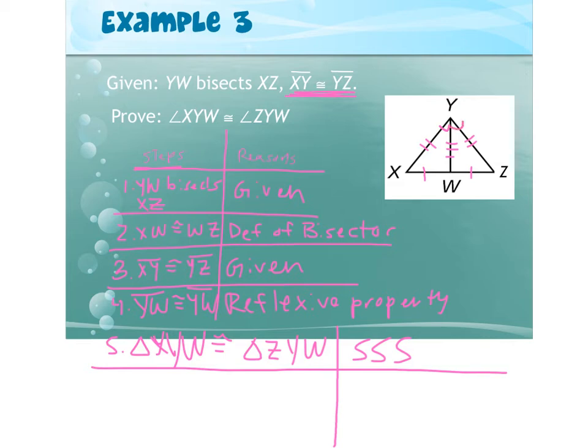So we know that these 2 angles are now congruent. So step 6 will be that these 2 angles are congruent because of corresponding parts of congruent triangles are congruent, so CPCTC. So angle XYW is congruent to angle ZYW.